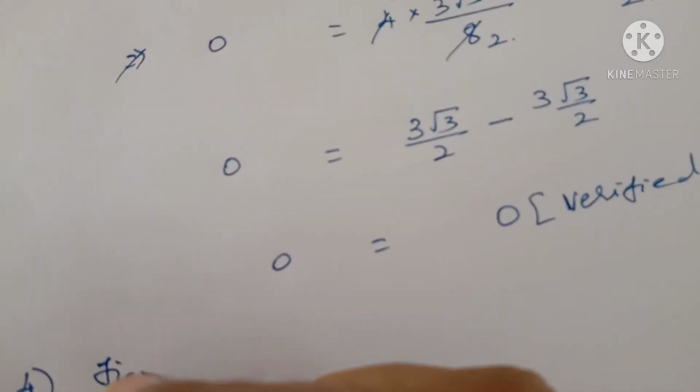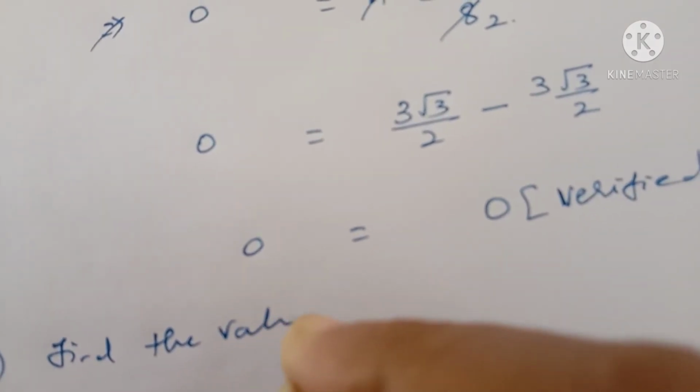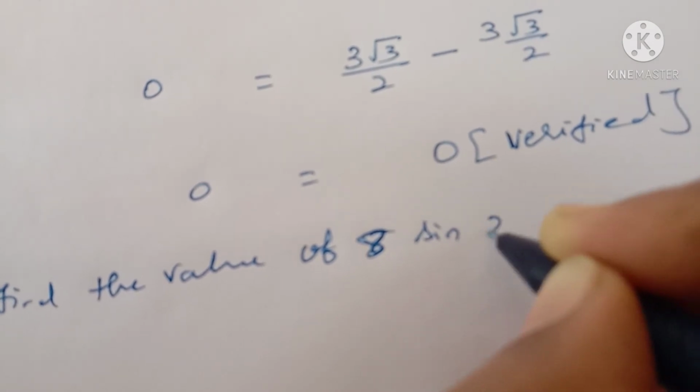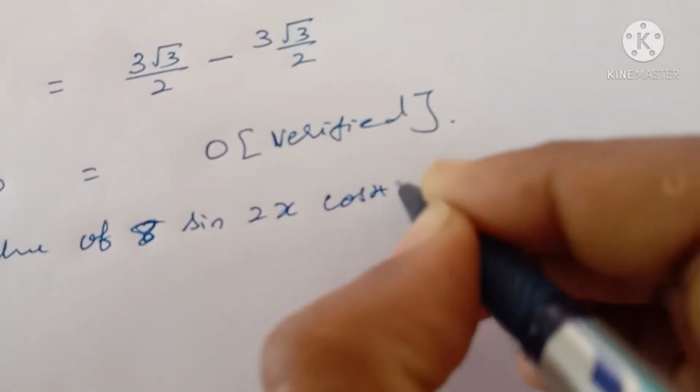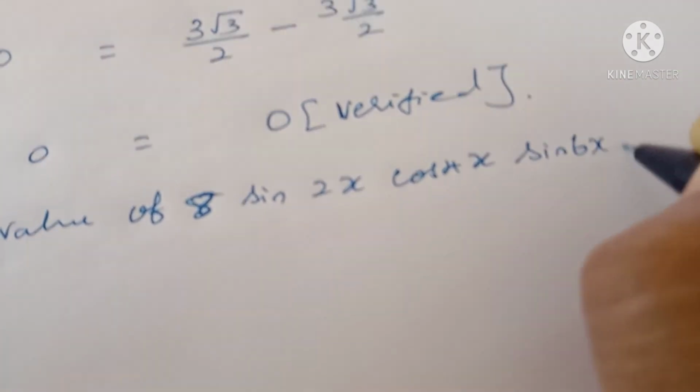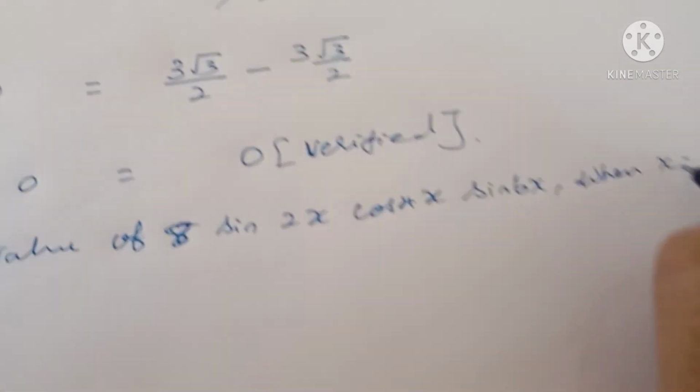Fourth question: find the value of 8 sin 2x cos 4x sin 6x when x is equal to 15.